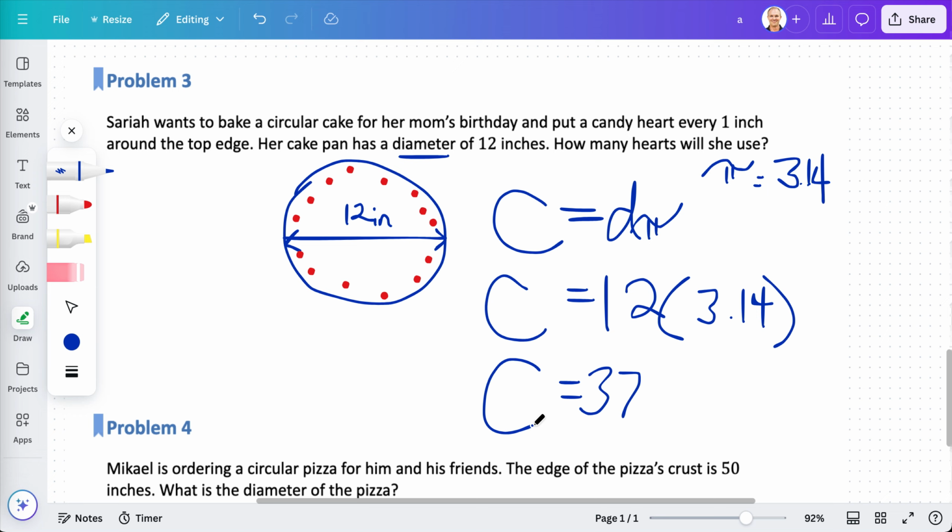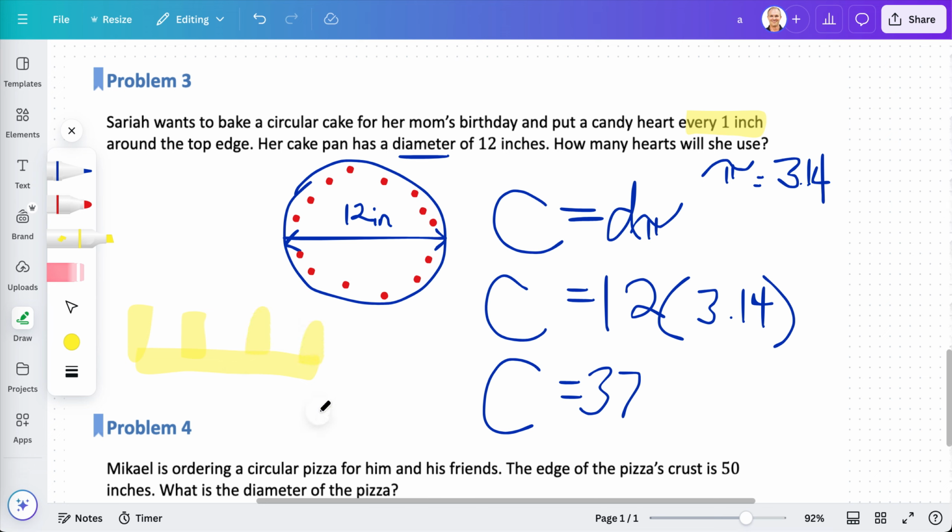Now, she wants to put a heart every 1 inch around the top edge. So that means she's going to go 1 and then leave an inch, and then 1 and then leave an inch, and then 1 and then leave an inch, and then 1.